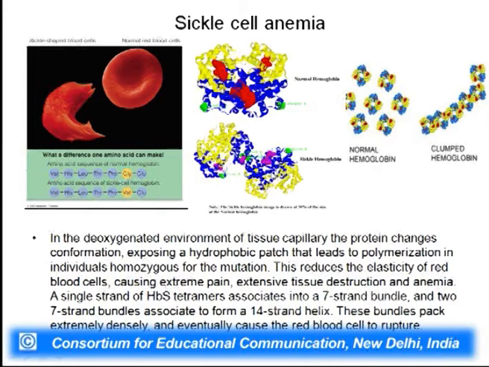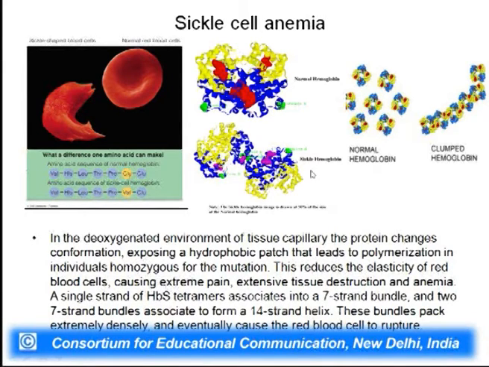Once this polymerizes, it has a lower capacity to carry oxygen. Also, it may change the elasticity of the red blood cells, causing them to break and form the sickle cell, and there is extensive tissue damage and there is anemia.